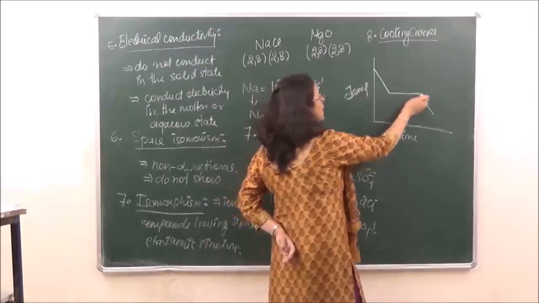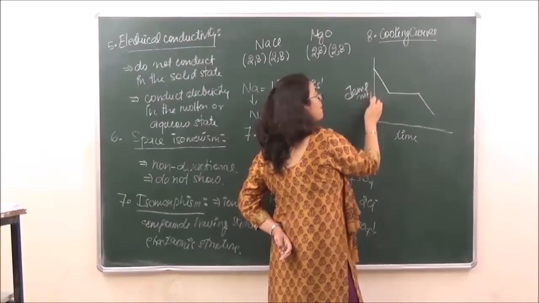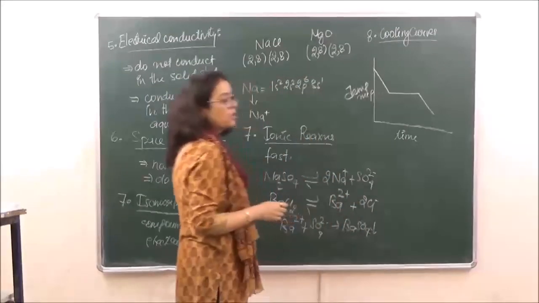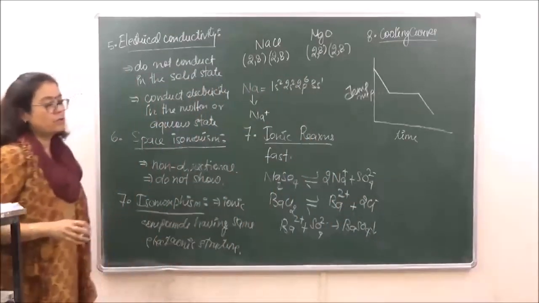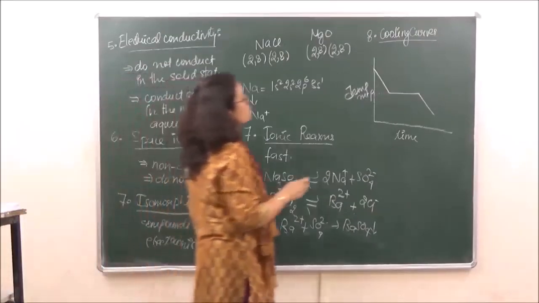The temperature at which you can see a straight line is the melting point of the electrovalent compound. You can see that it's not a smooth curve.